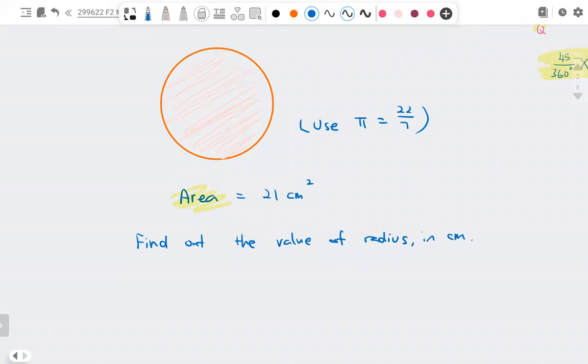Okay, if you want to key in pi, then you can key in pi, that is pi.